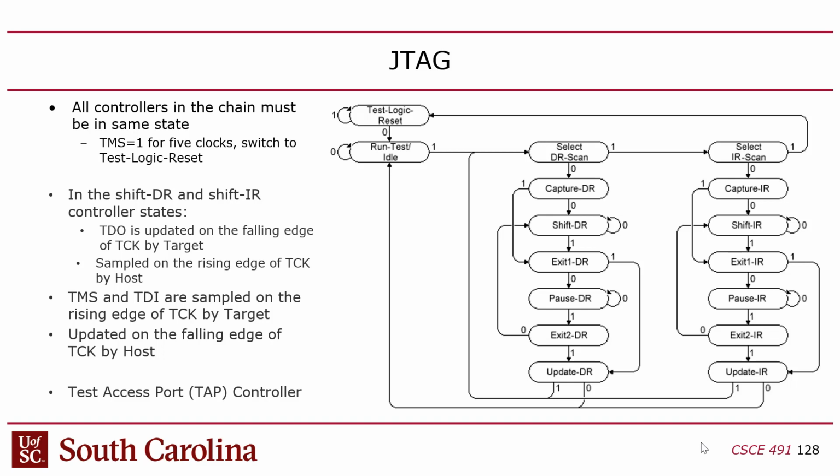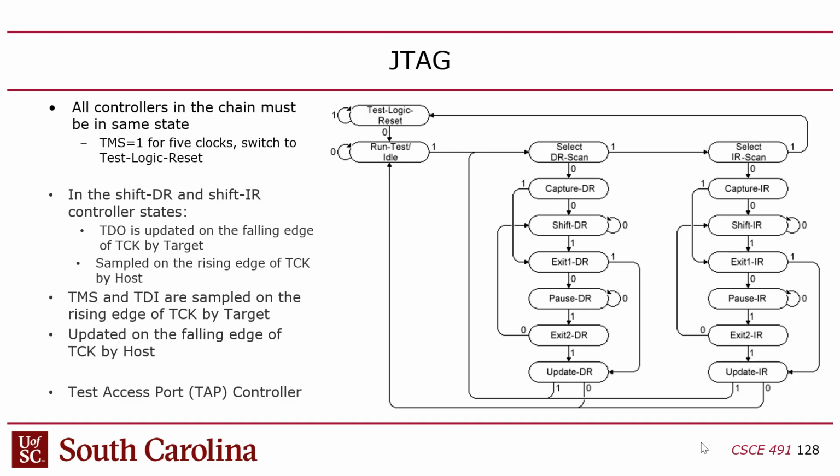So the idea is that when you want to interact with the JTAG bus, you put the chips into the shift instruction register first, okay? Once it's in there, you use the test data in to shift bits in that will go inside the instruction register in those chips.